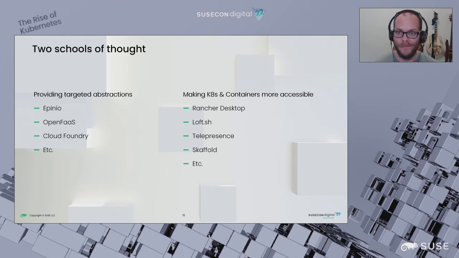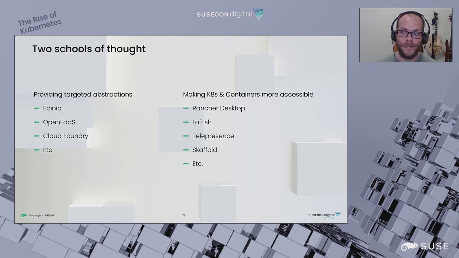This is the Heroku, Google App Engine, Cloud Foundry, OpenFaaS, and one of our projects that I'll talk about a little bit later, Epinio. That's kind of what they do, right? They give you a very nice experience for the developer, but sometimes with the trade-off of flexibility, customizability, potentially operability, that type of thing.